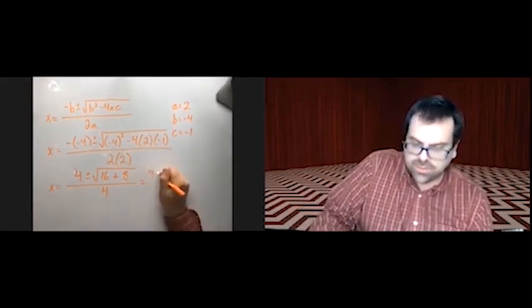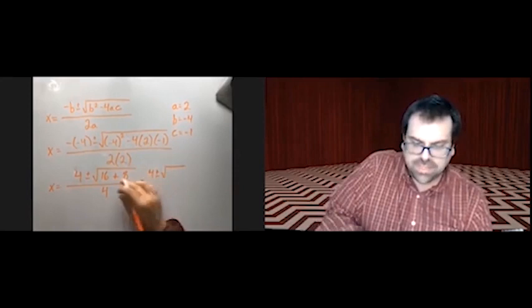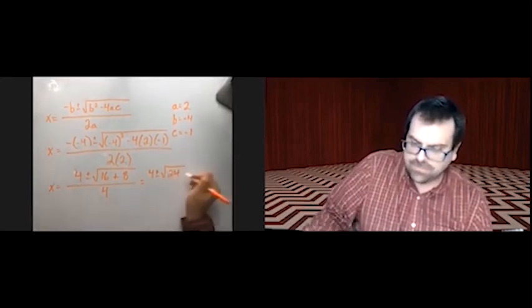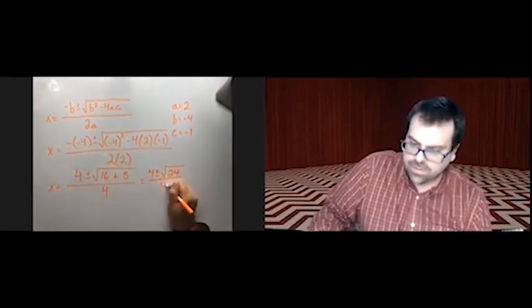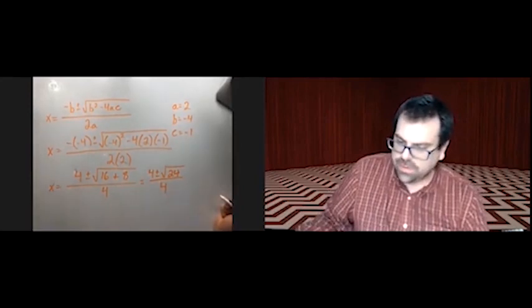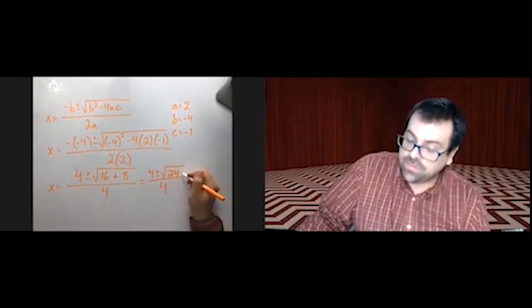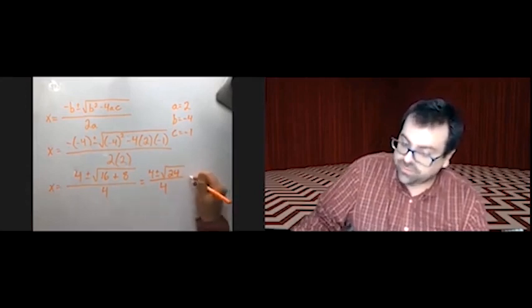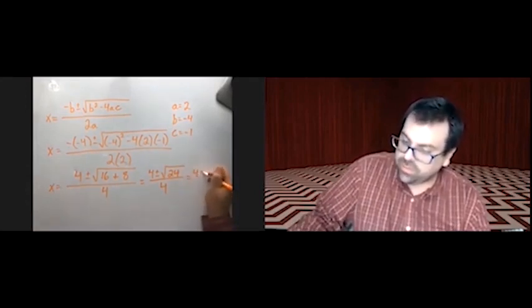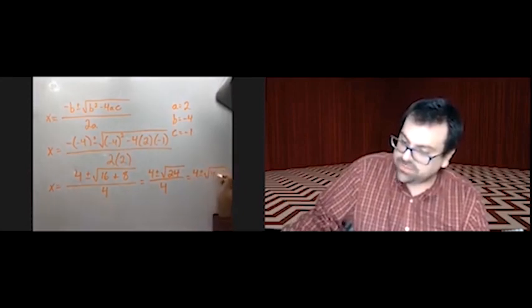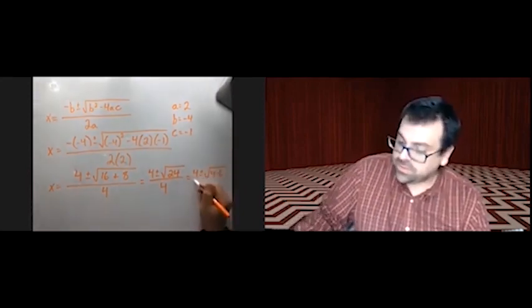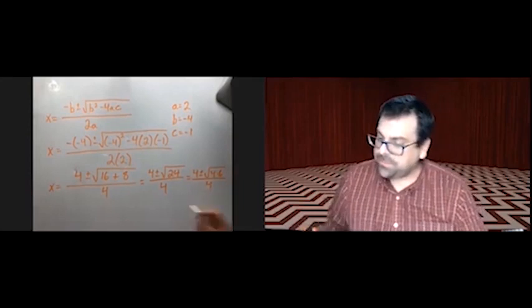Underneath the square root, 16 plus 8 is 24. We can simplify radical 24. It has a perfect square factor of 4. 4 plus or minus, this is 4 times 6 under the square root, all over 4.